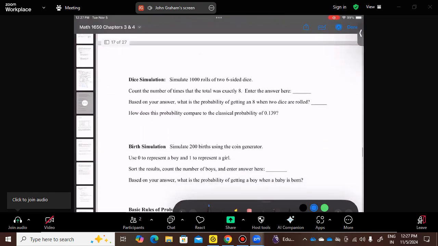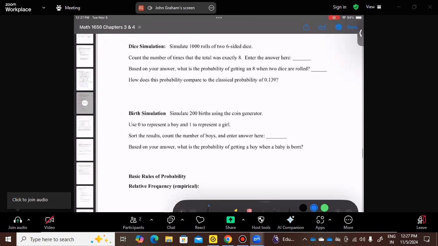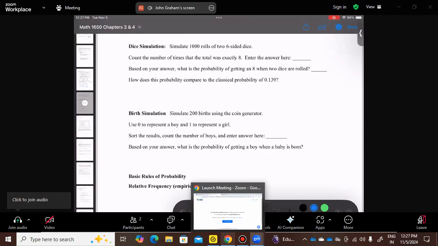Alright, so we're going to use StatDisk to do some simulations here. We're going to do 1,000 rolls on 2 6-sided dice.